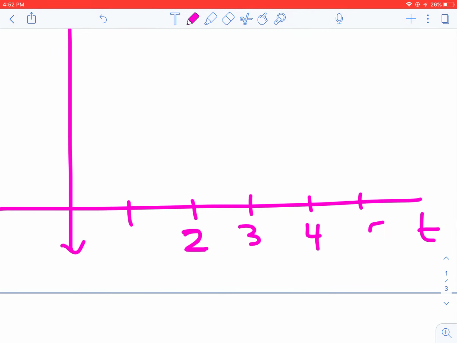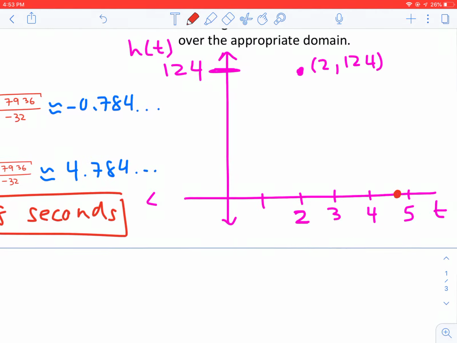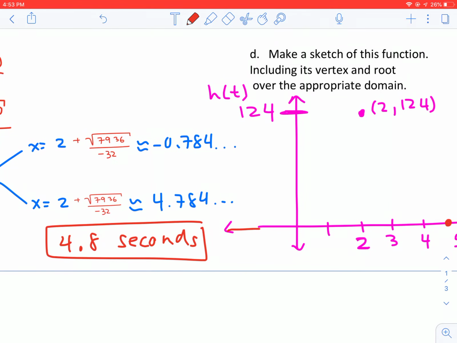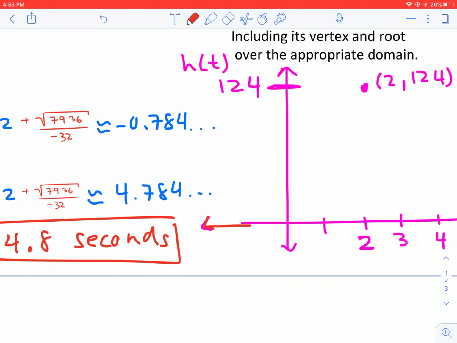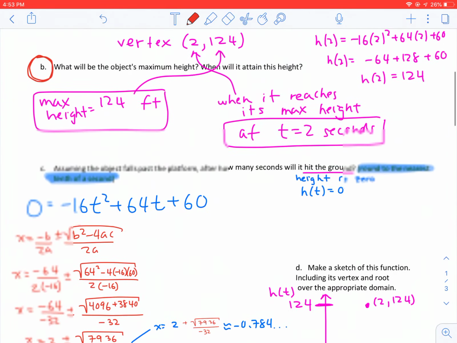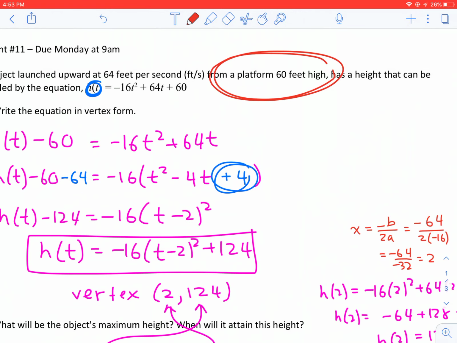I know it hits the ground after 4.8 seconds approximately, so I can put a 0 here. And I also know that my other 0 is at negative 0.8, but that's not part of the domain because I'm going to start at time 0 whenever I'm doing one of these kinds of problems.